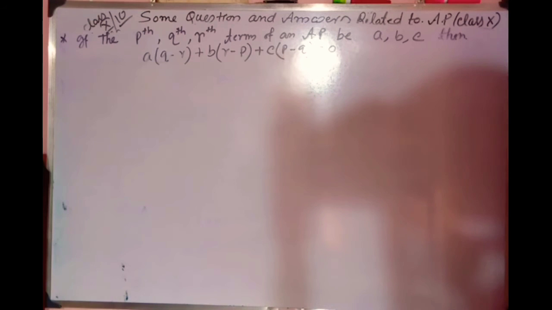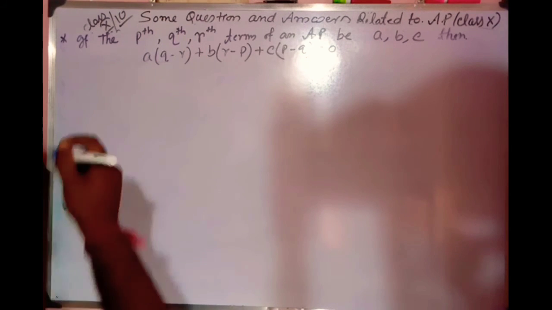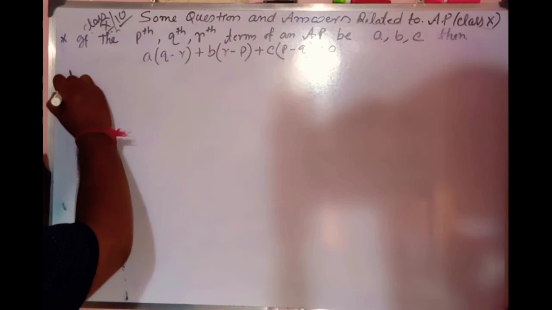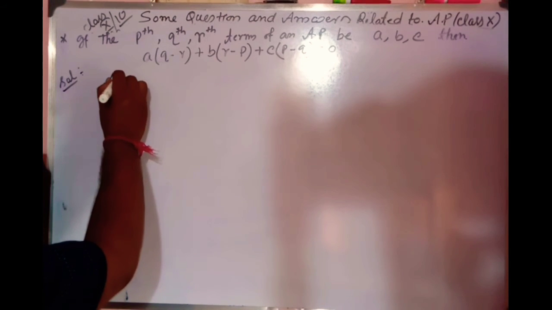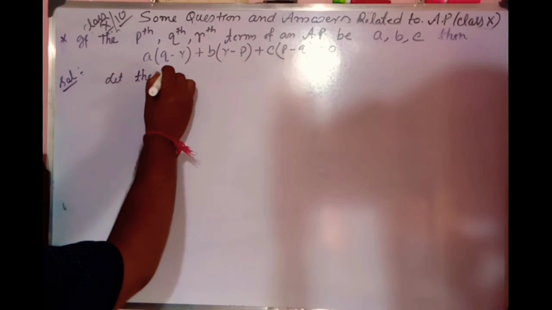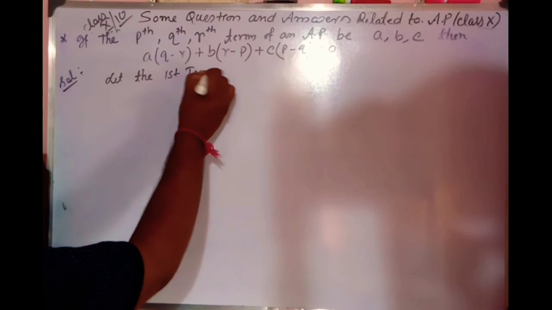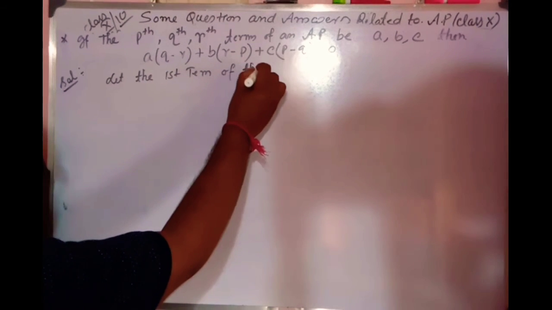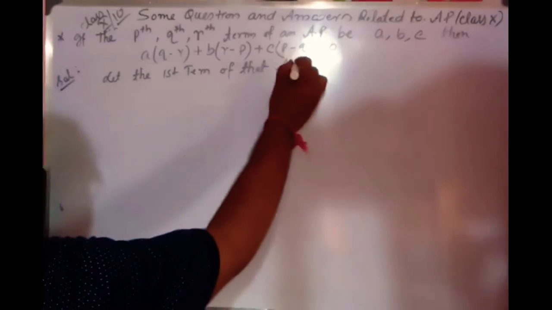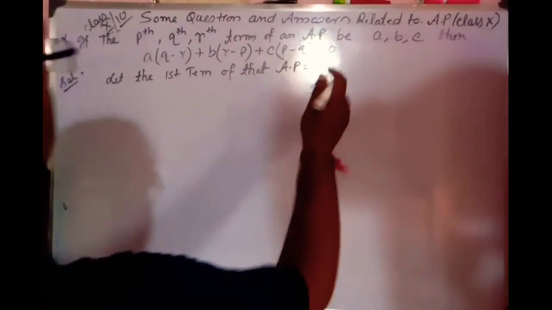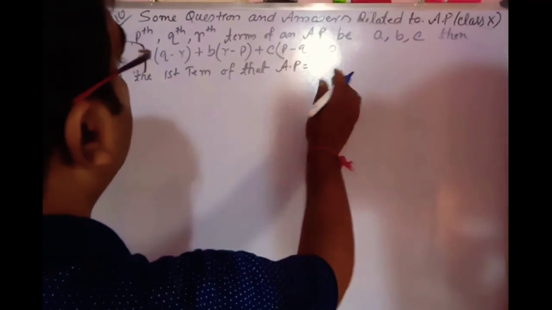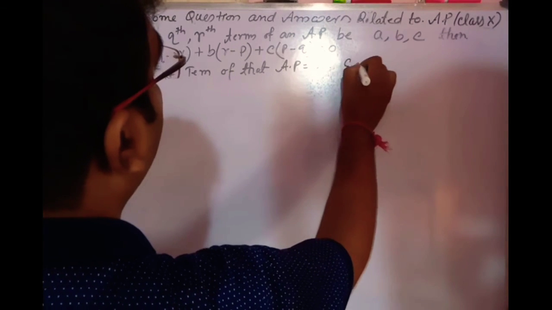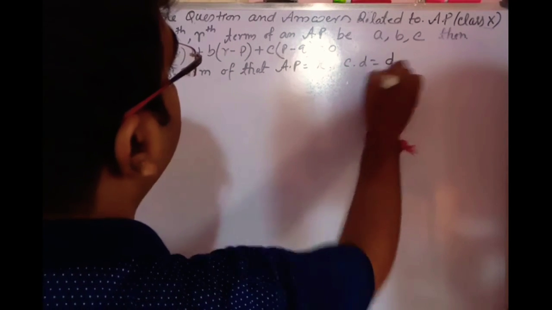So next, another question is given. If the pth, qth and rth terms of an arithmetic progression are a, b, c, then show that this holds. Here comes the solution. Let the first term of that AP be x and the common difference be d.